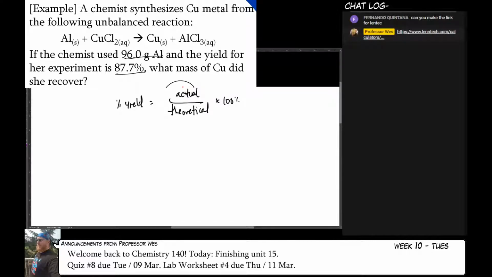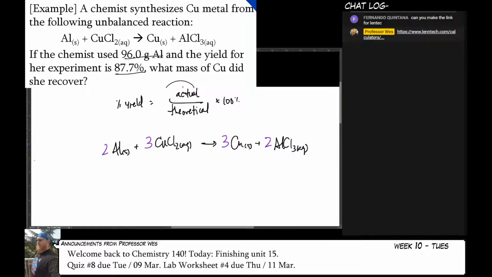So the theoretical yield would be, well, first we got to balance the equation. I'm going to just balance it really quickly for you. So this is a 3, and this is a 2. So hopefully you got that first. That's an important place to start.